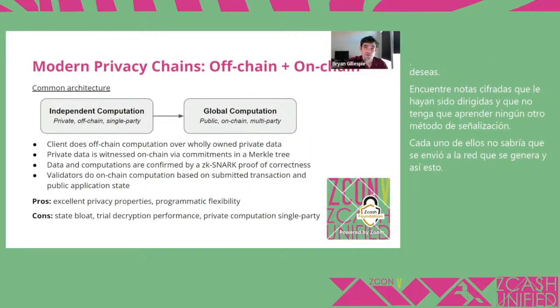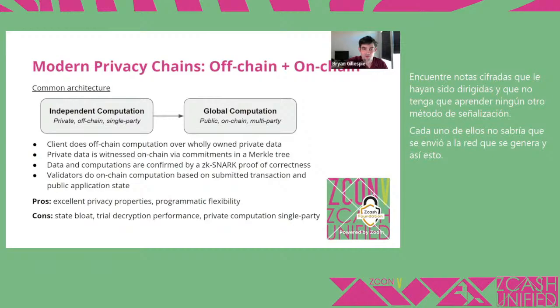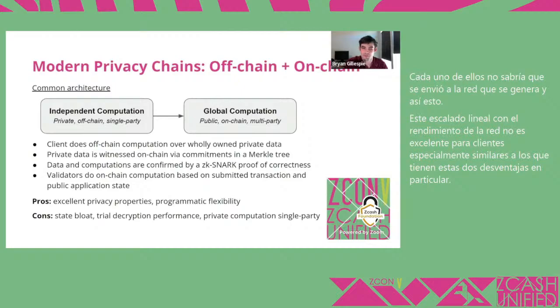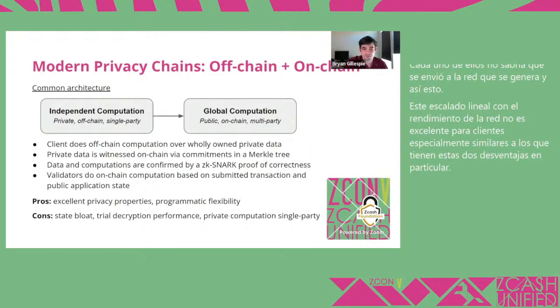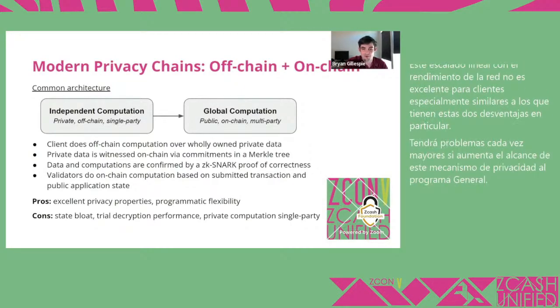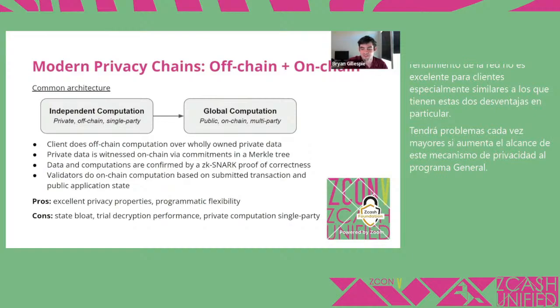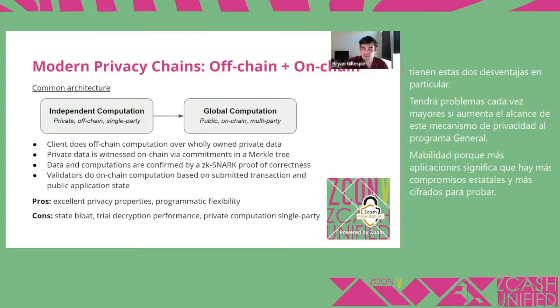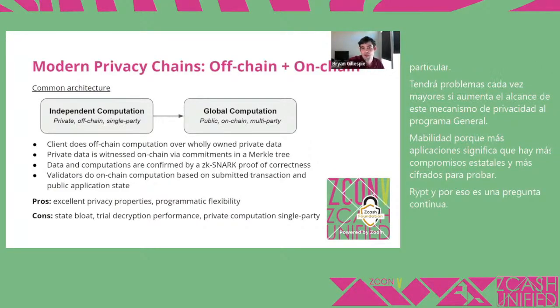These two cons in particular have growing issues if you increase the scope of this privacy mechanism to general programmability, because more applications means there are more state commitments and more encrypted data to trial decrypt. And so it's an ongoing question what the best ways are to address these issues in terms of performance.